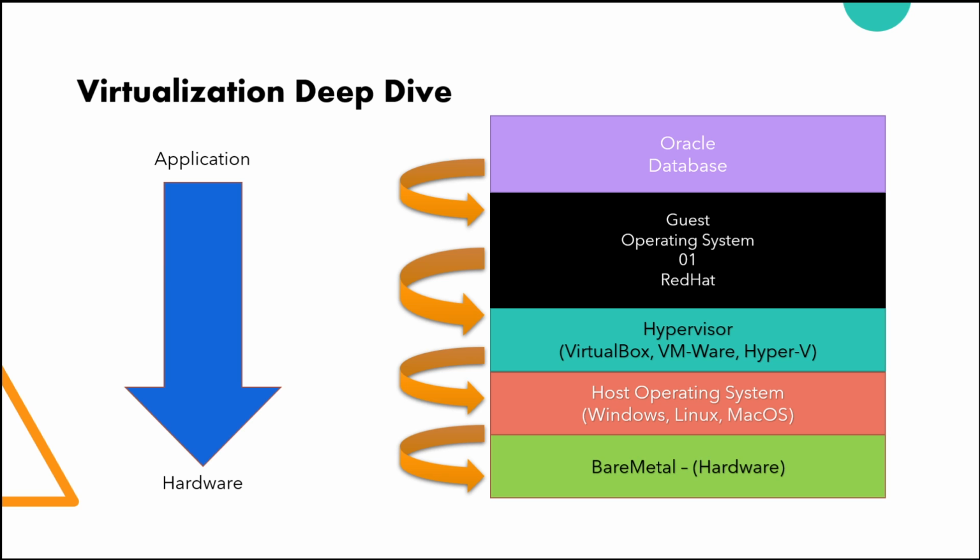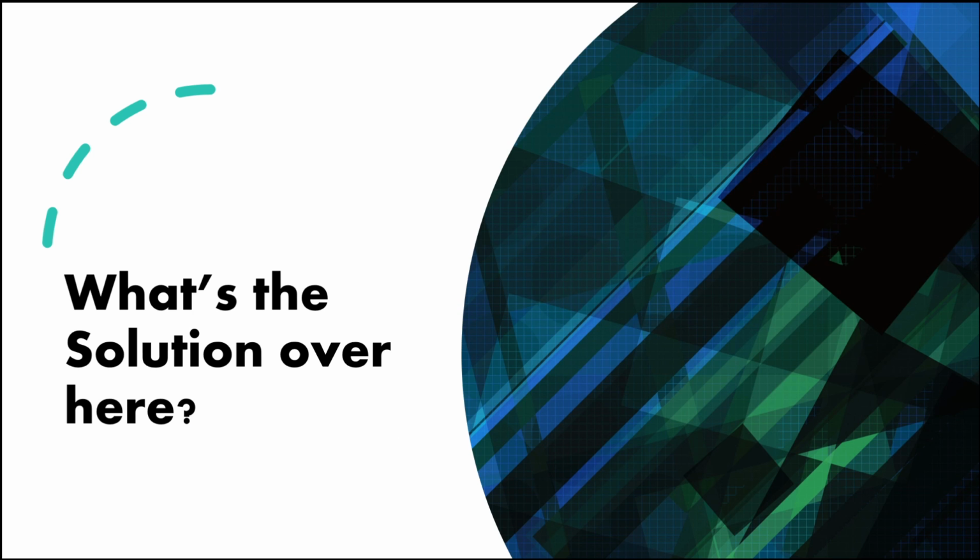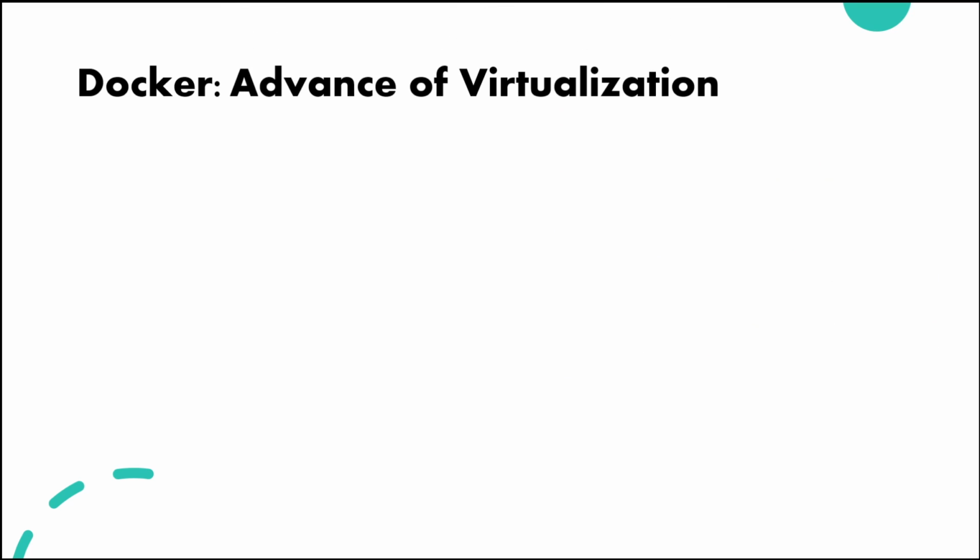Let me tell you from a detailed point of view. If you observe clearly, unnecessarily your organization was wasting money on maintaining the licenses of these OSs. So what's the solution here? It is Docker, an advancement of virtualization.